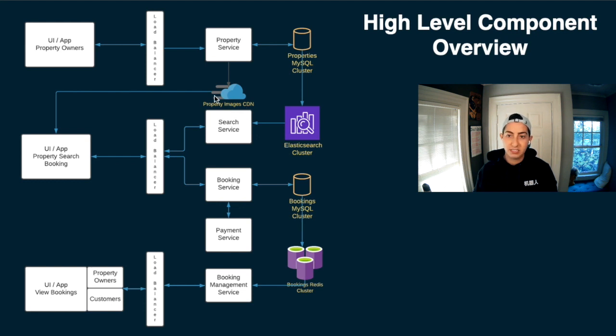And the property images CDN, if you don't know what a CDN is, it's a content delivery network and is useful for distributing static data or images usually, but basically things that don't change, distributing it in a locality-based way.